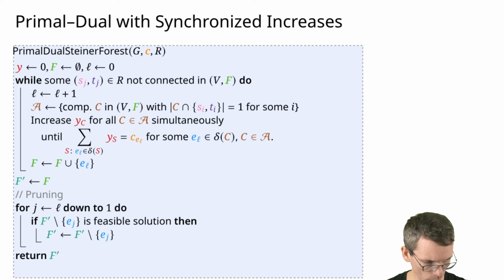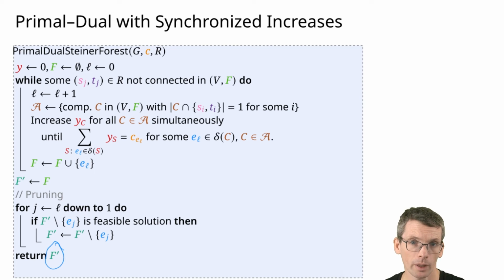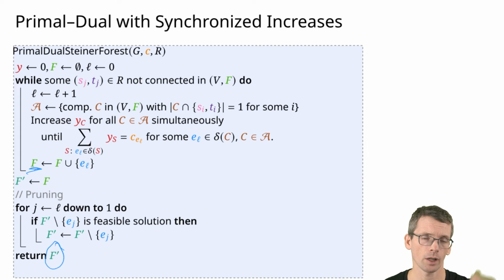And I go through all edges, see whether I can remove them, do so if I can, and then eventually return the result. The result I'm going to call F prime. Yeah, so for the analysis, it's important: F is the set of edges while I'm running the algorithm before pruning, and then at the very end, I'm going to call that F prime. So that will show up in the analysis several times.